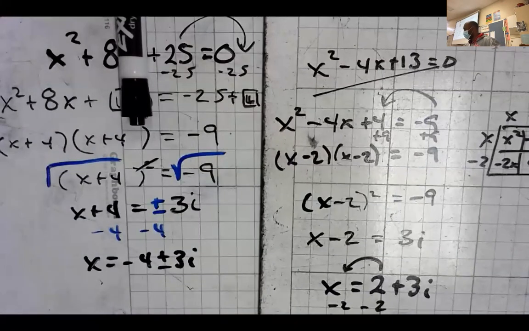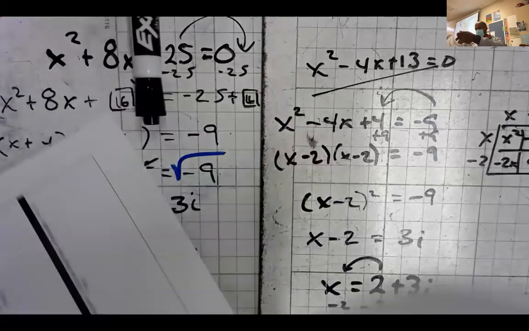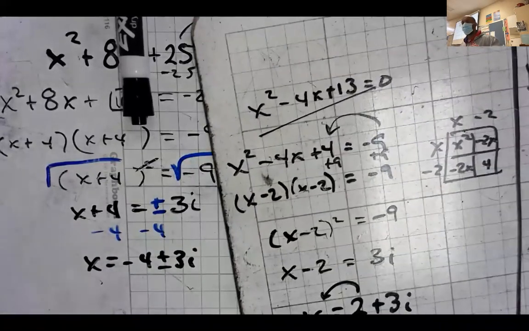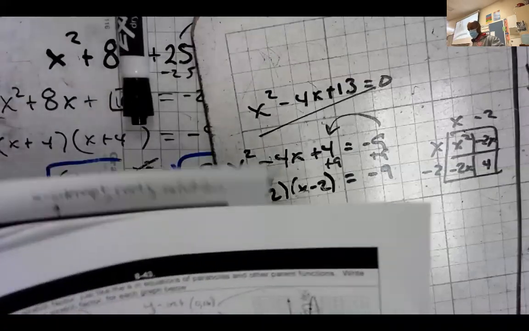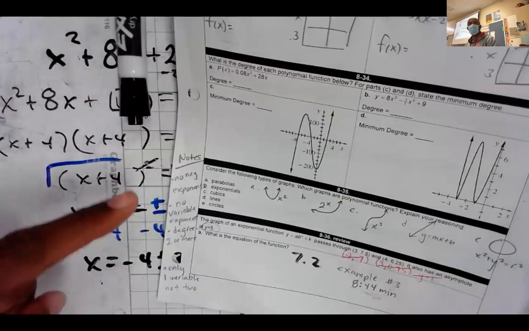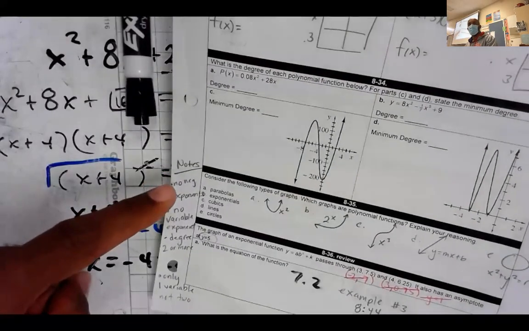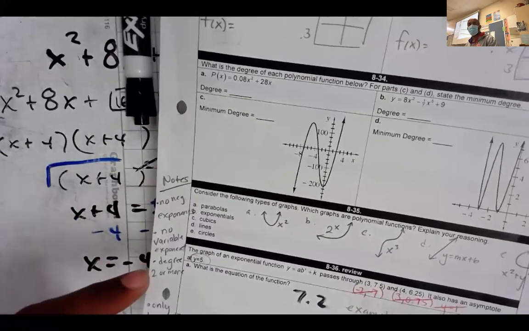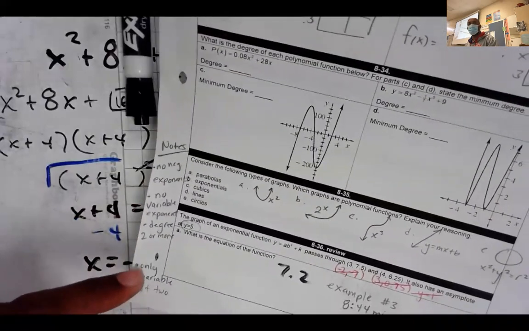Let me go back over to this packet. I think I wrote it down on this one. Where's my other one? Okay, we wrote down those different examples: a polynomial can have no negative exponents, no variable exponent, has to be a degree of 2 or more, only 1 variable.